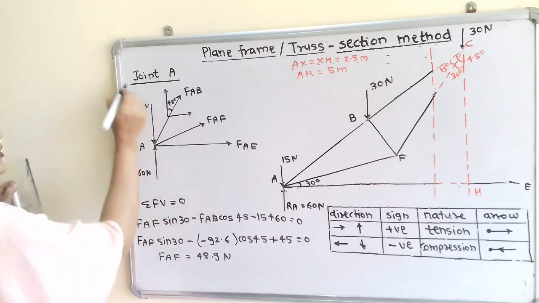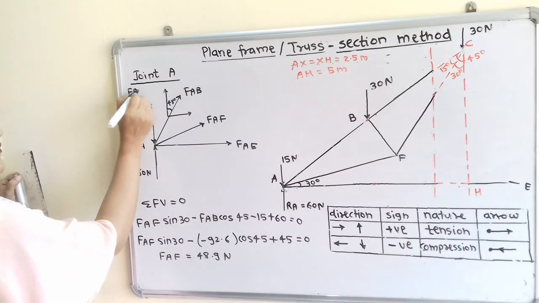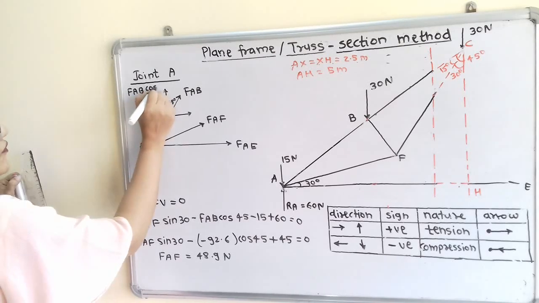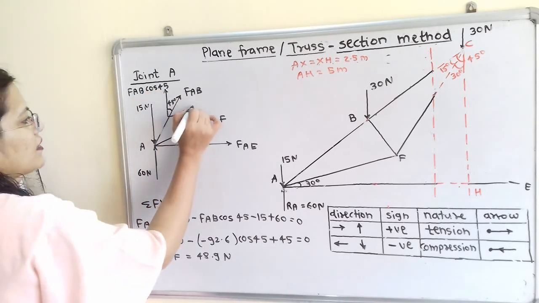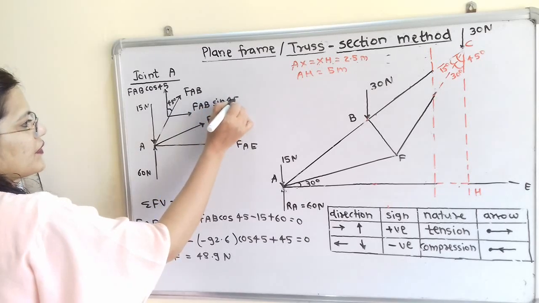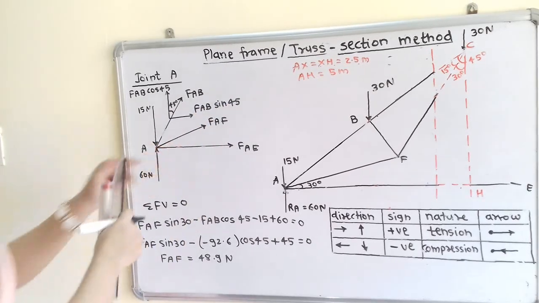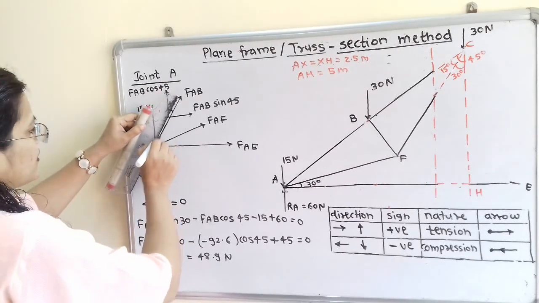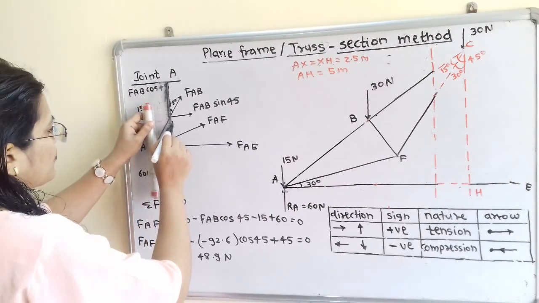So we can say that this vertical component is FAB cos 45, and here FAB sin 45. Now in the same way we will resolve this AF into two components.